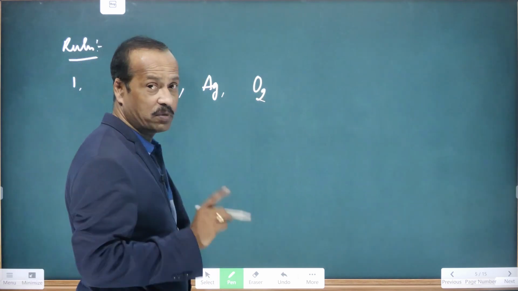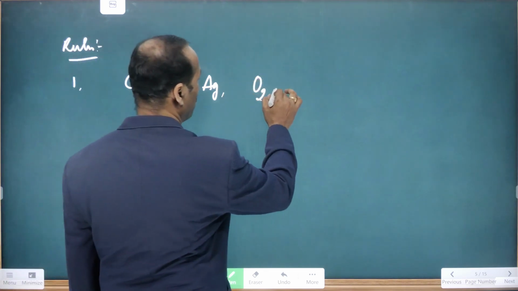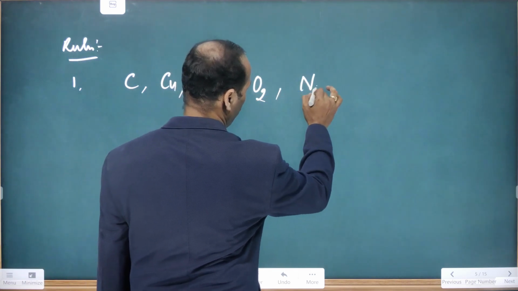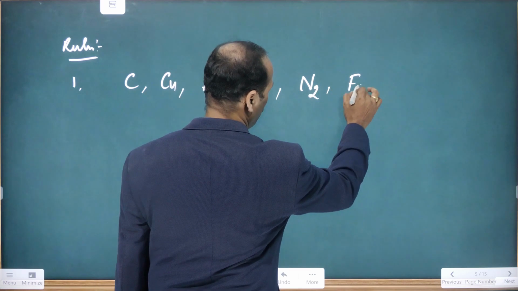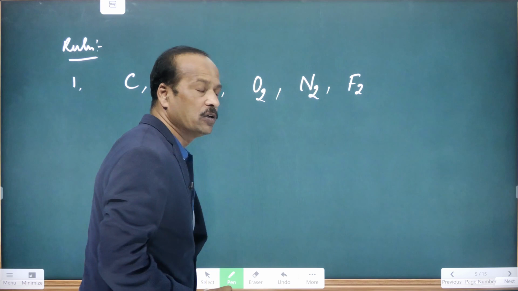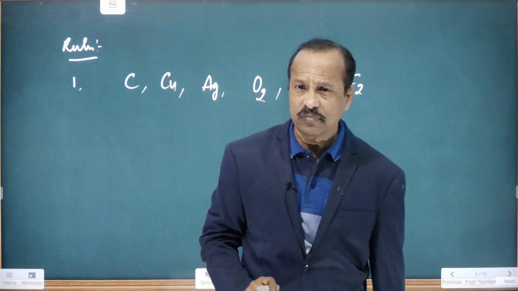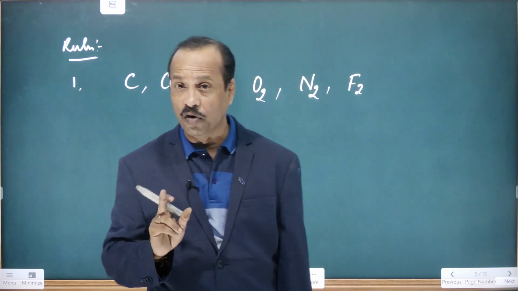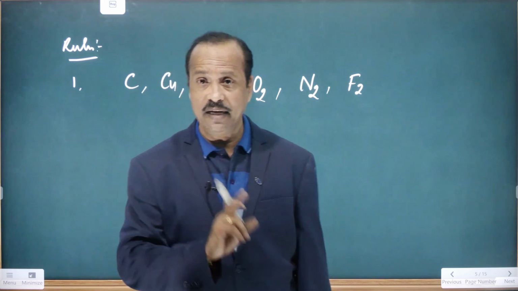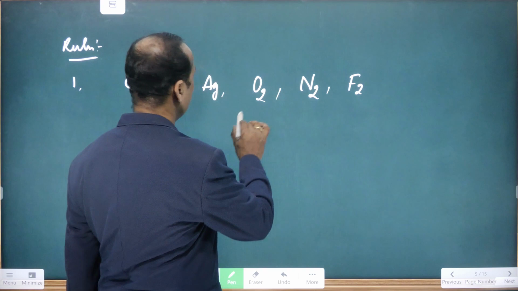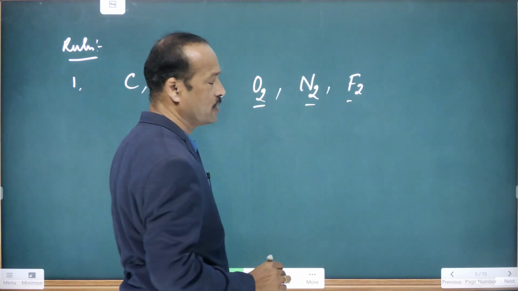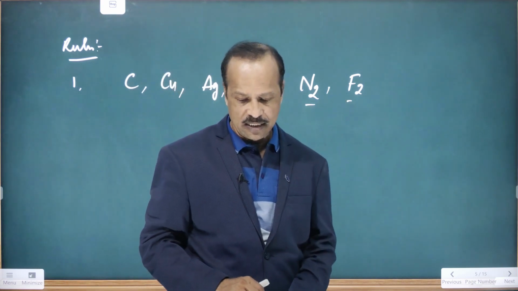Here 2 oxygens are there, but the oxidation number of oxygen is 0. N2, here also the oxidation number of nitrogen is 0. Fluorine, F2, the oxidation number is 0. So students, remember that the oxidation number of any individual atom or individual molecule like this is 0.